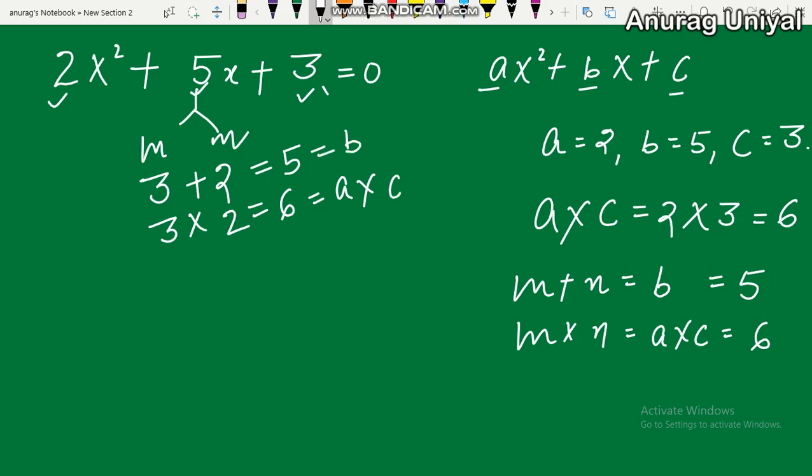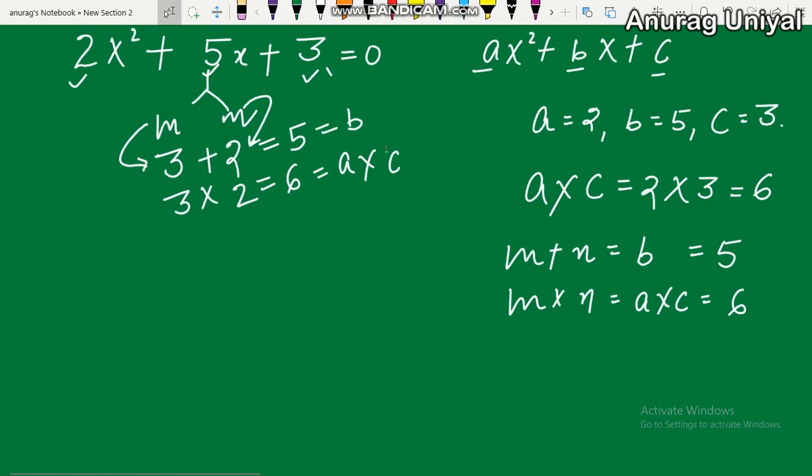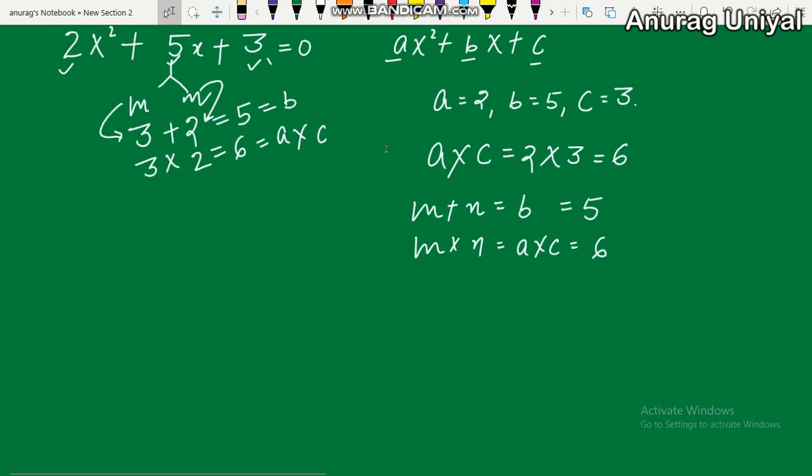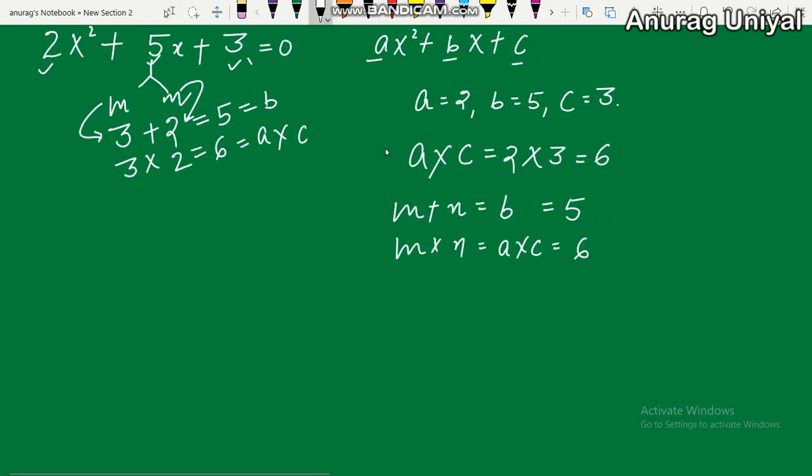So the conditions are fulfilled when m is equal to 3 and n is equal to 2. Since we know a lot of things now, we will put these values and try to solve this question.